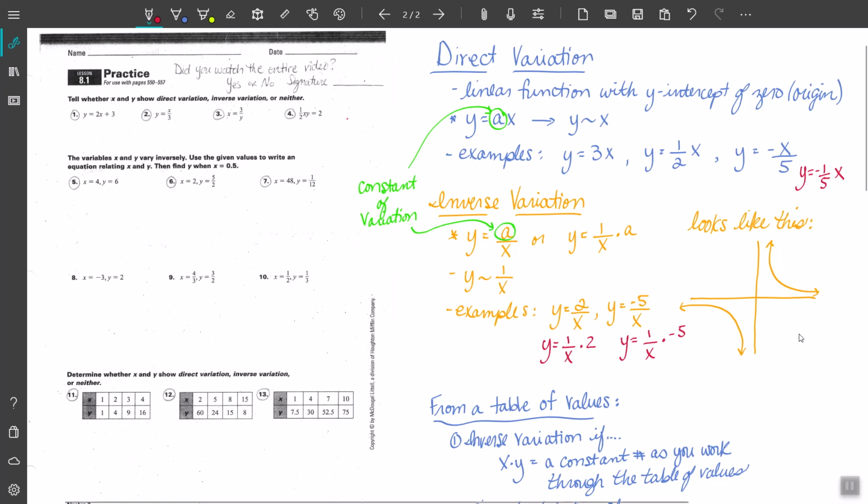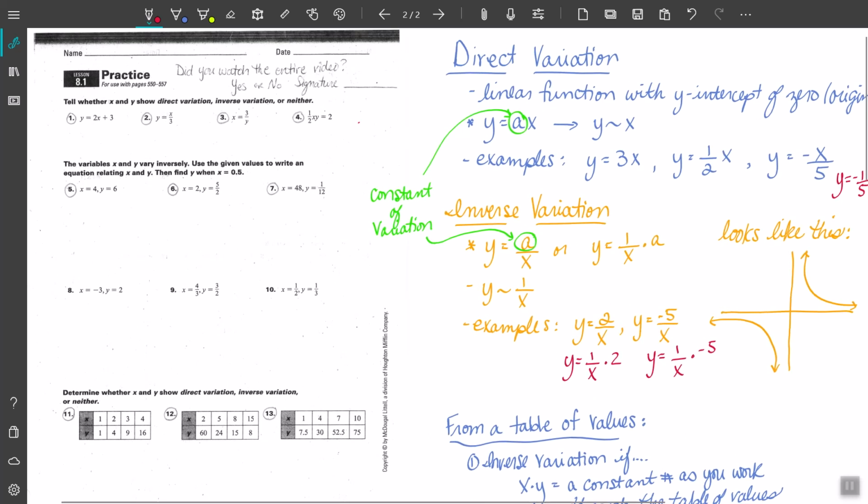All right, so what we need to do now is go over and look at numbers 1 through 4 and see if we can figure out what kind of variation we have, or we may not have any variation. That is also a possibility that you probably should remember from when we were talking about direct variation equations prior to this. 1 and 2 are already solved for y.